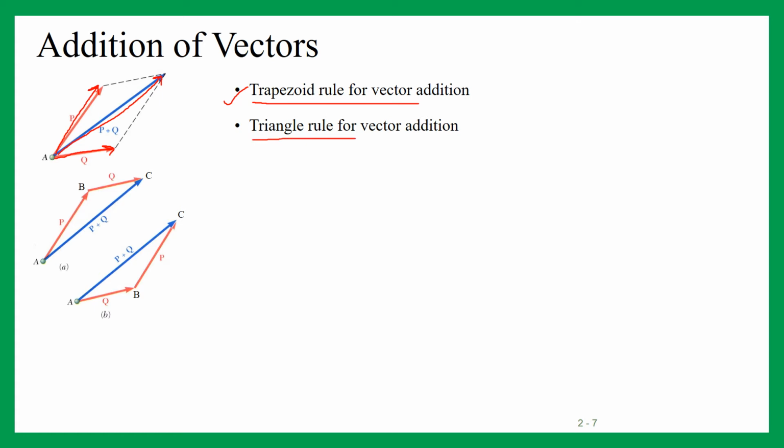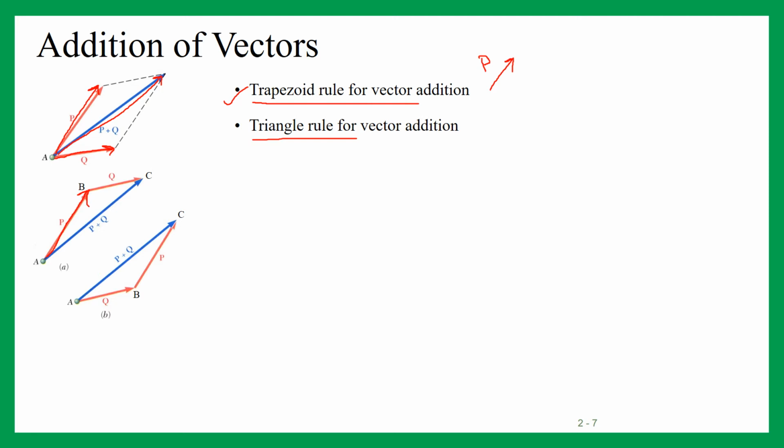Then another rule is the triangle rule for vector addition. In the triangle rule, suppose this is the first vector P. Then you will put the tail of the other vector at the tip of this.